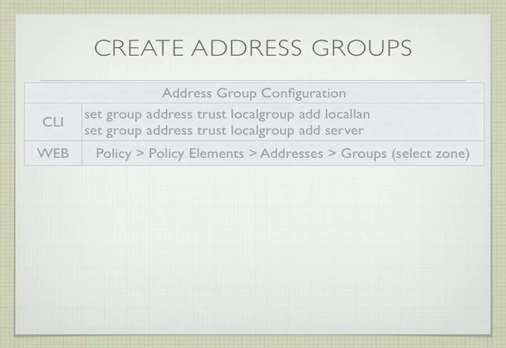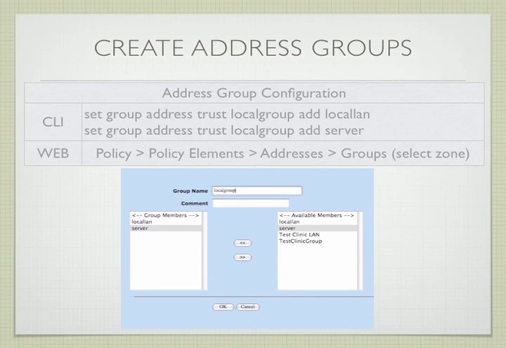On the web, this is under policy elements, addresses. There's a section for group. You select the zone and you click new or edit, and here we've pulled in group members, local LAN and server, and a group name called local group.